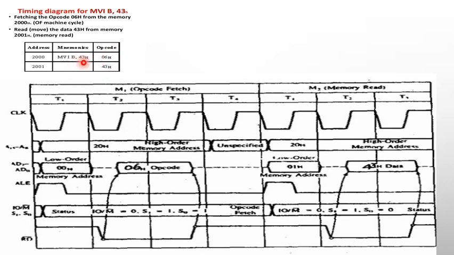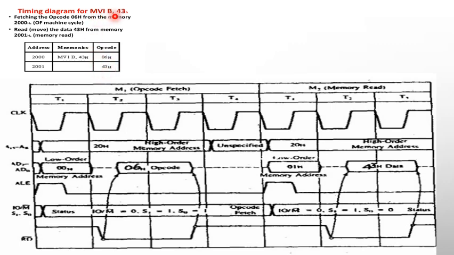So the first duty of the microprocessor is to fetch this opcode. After fetching the opcode, the microprocessor has to read this particular data. Only after reading it can it move it to the B register. So first is the opcode fetch, and after that it has to read this data.